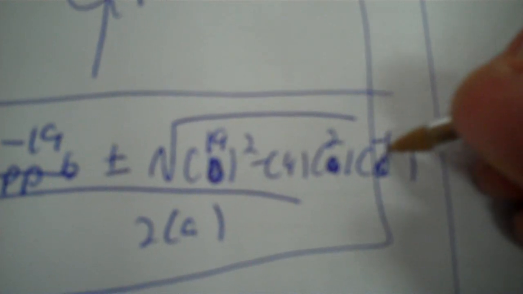So opposite of B, plus or minus the square root, B squared minus 4AC over 2A. So opposite of B is negative 19. And then B is 19 to the second, and then A is 2, C is negative 108, and A on the bottom is 2.